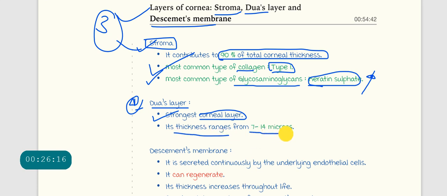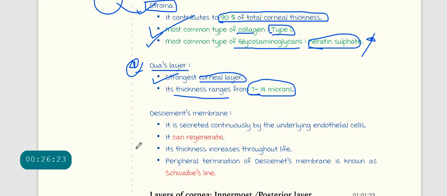It is secreted continuously by the underlying endothelial cells, and it can regenerate.